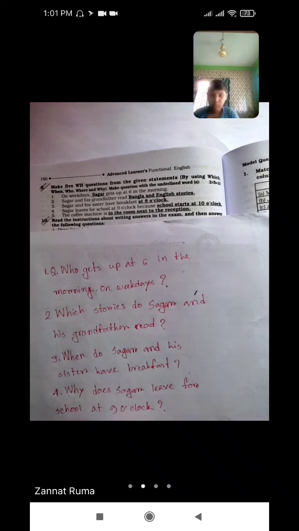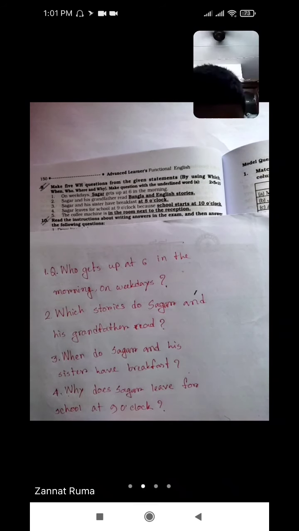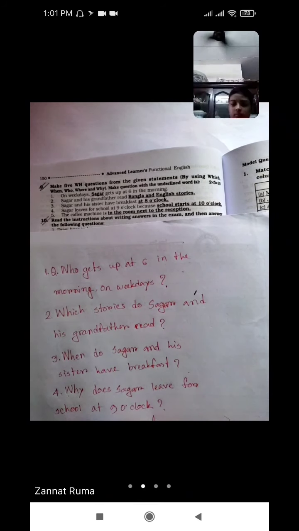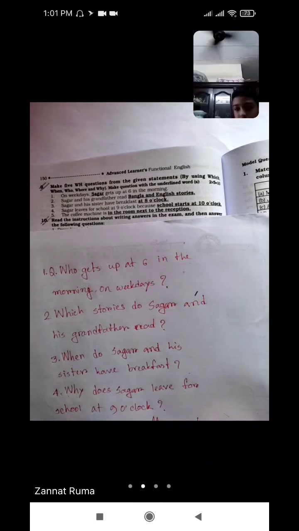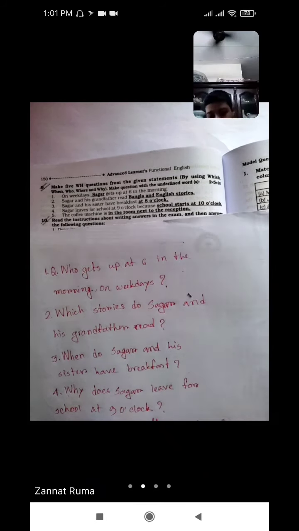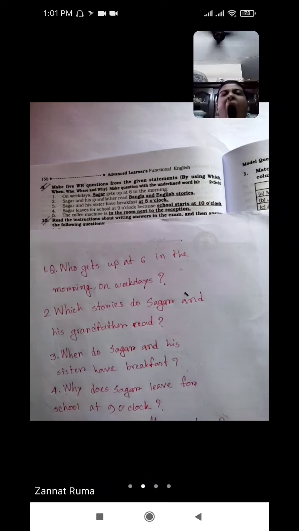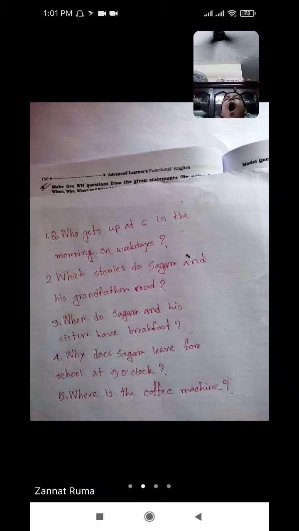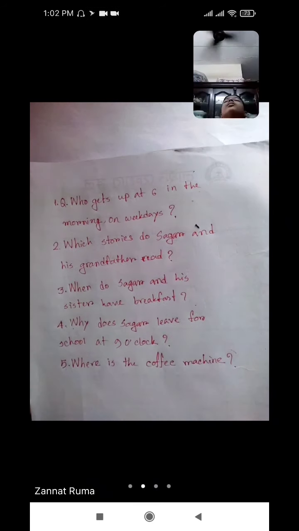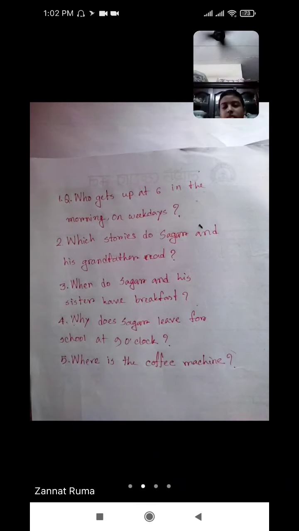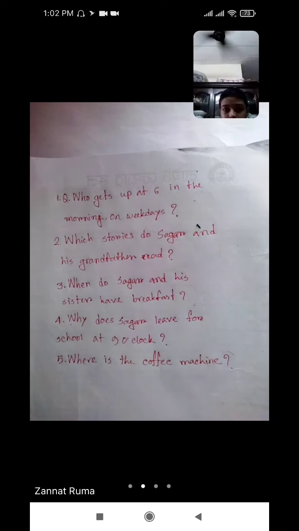Then, where is the coffee machine? The coffee machine is in the room next to the reception. Okay, these are the 5Ws questions. You will memorize these questions.